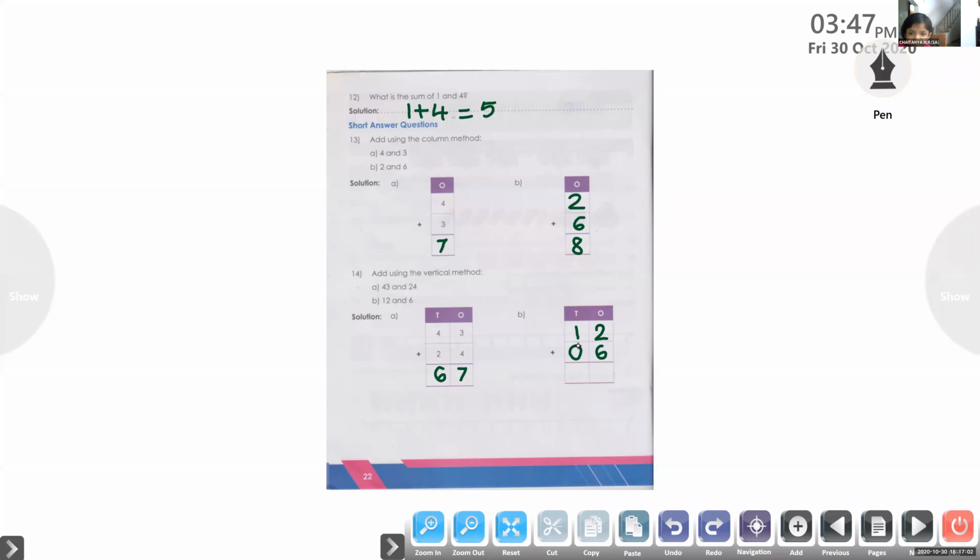Now let's add. At the ones place we have 2 and 6. 2 plus 6 is 8. Then 1 plus 0 is 1. The answer is 18. Good.